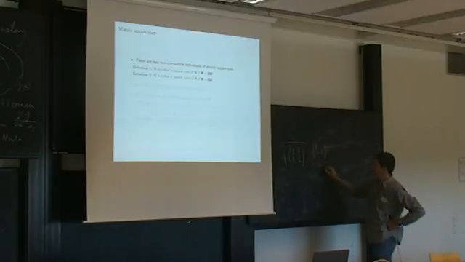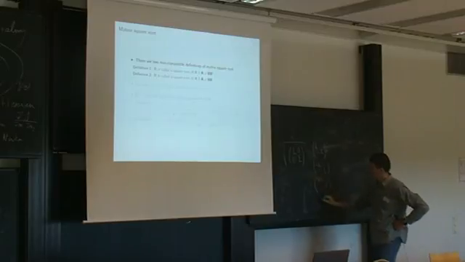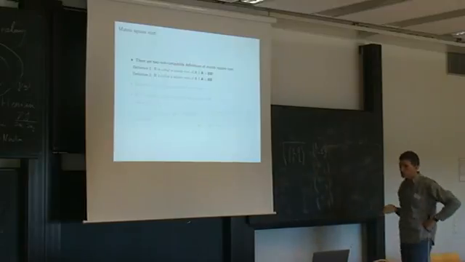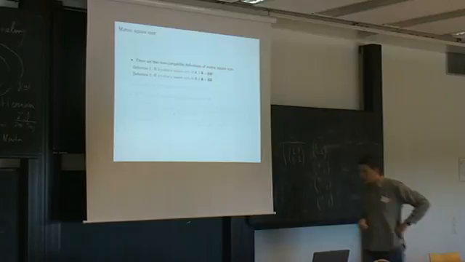Obviously, minus 1, 1 is also a square root. Then 1, minus 1, and minus 1, minus 1 are also square roots of this matrix. So the matrix square root is not unique in even the simplest situations.